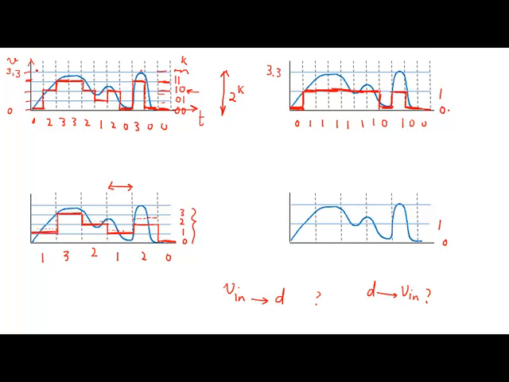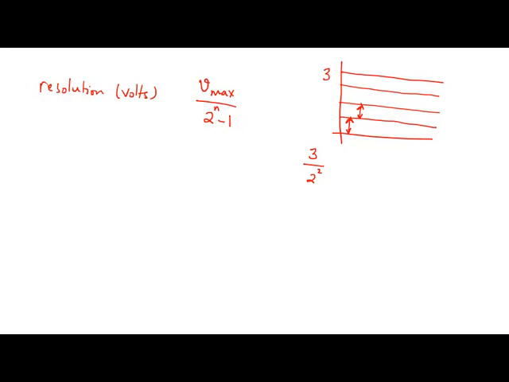We're always truncating things down to this level. So in essence, I'm dividing my resolution into 2 to the n minus 1 segments. So that's the equation that we use for PIC. So this is going to be the resolution in volts. Now, what does PIC use?